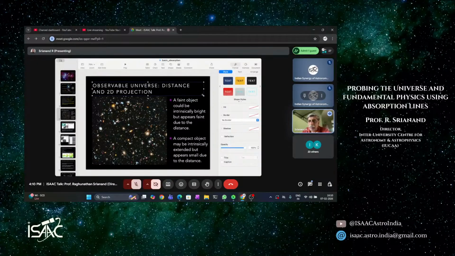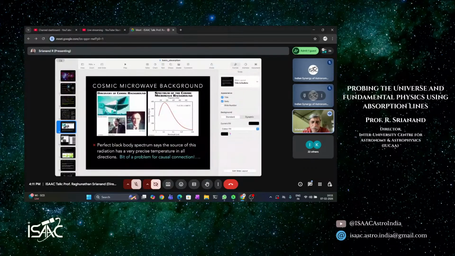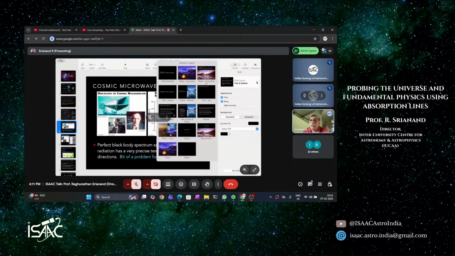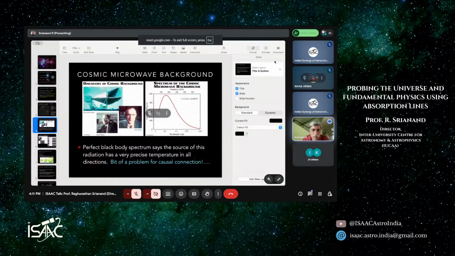Now can you see? But the problem is I'll have some things hanging around here. If I do this, do you see the slides changing? Is it visible enough? The problem is it's not going in full screen mode. It has some problem. If I go ahead with this, is it fine with you guys? I can proceed.